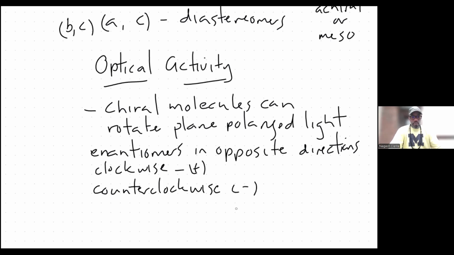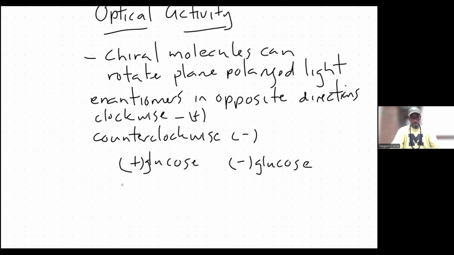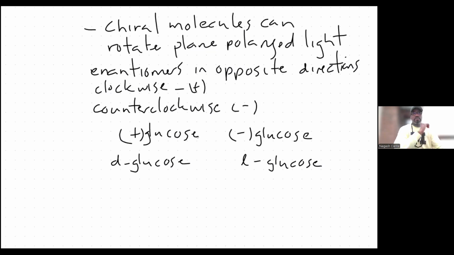So there's a plus glucose and there's a minus glucose, for example. And the plus we call D, there's a D glucose or L glucose. So there's actually numbers, like for example, you might have an enantiomer that rotates plus 42.6, and the enantiomer rotates negative 42.6.